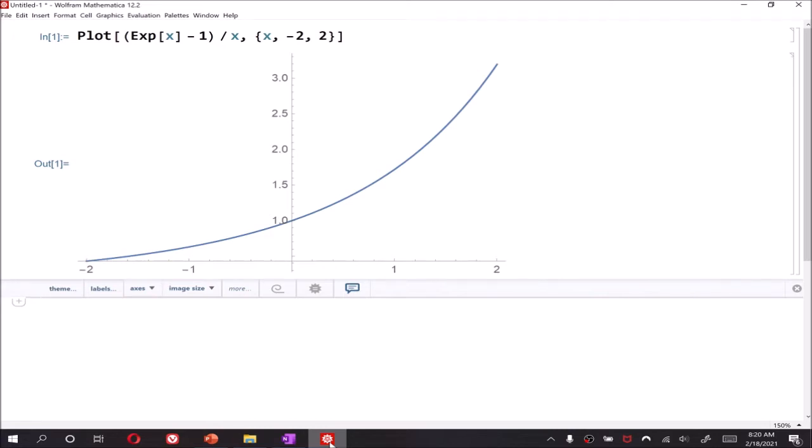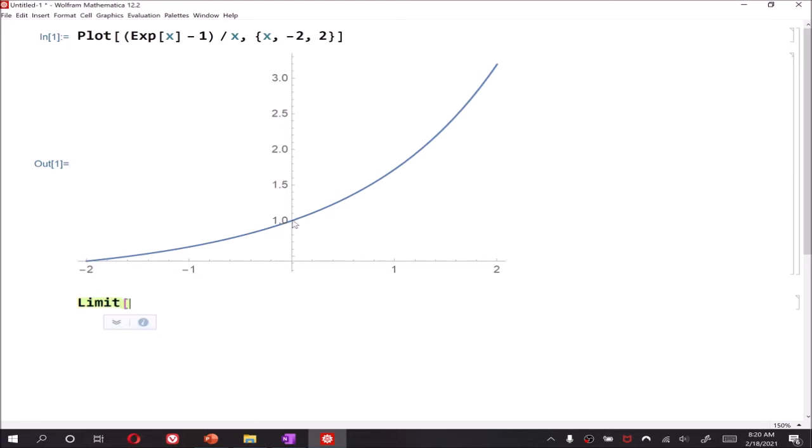So here we have it. This is e to the h minus 1 over h. And as we approach 0, the limit is 1. Right, and this is more easily confirmed by using the limit command.